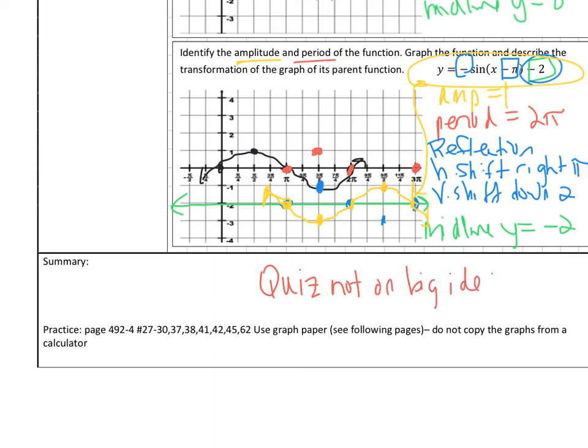And it'll be in the directions, of course, on the Google Classroom. It just there weren't good enough problems. So we're only going to look at your work on the paper that you graph. And remember, please use graph paper and or print out the graphs that are attached.